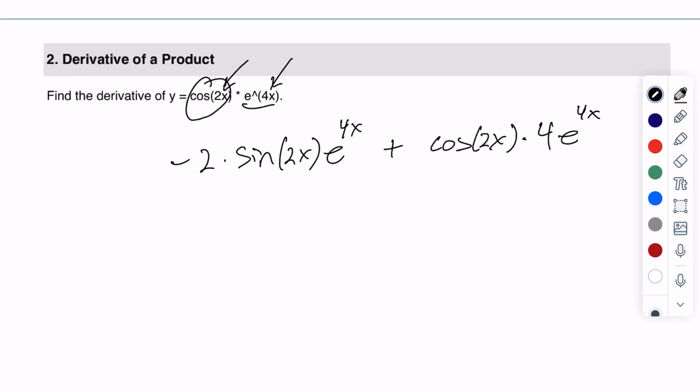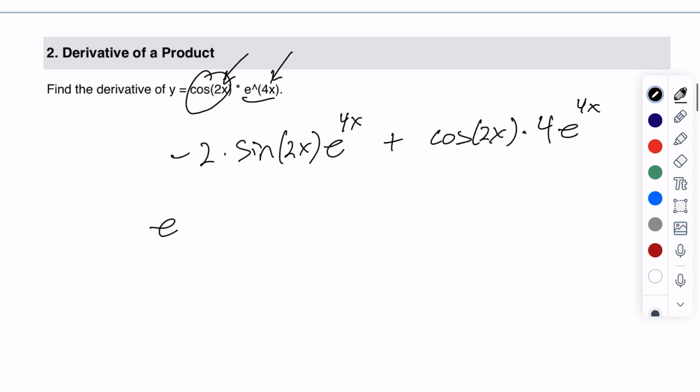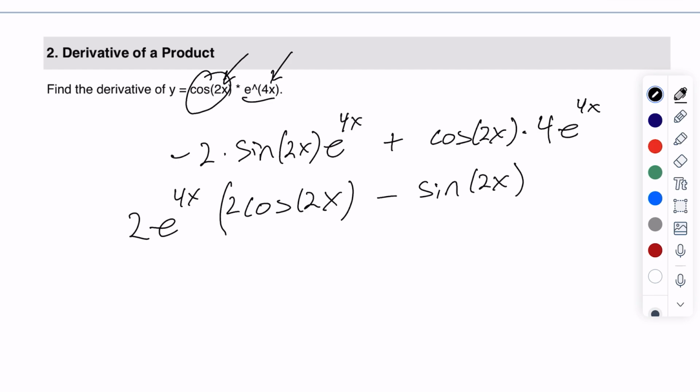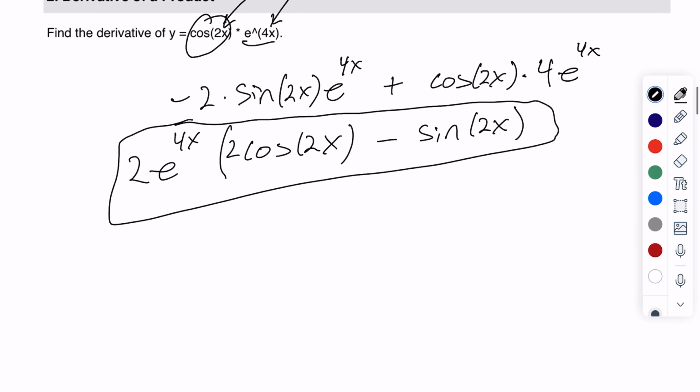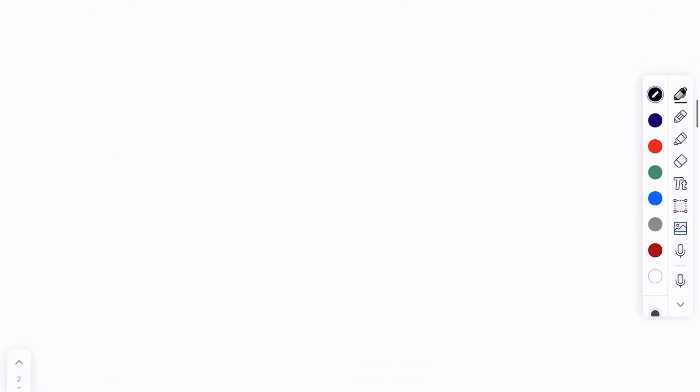Okay, there we can take out e to the 4x, and actually 2 e to the 4x, and we can rearrange to get our final answer. Looks good.